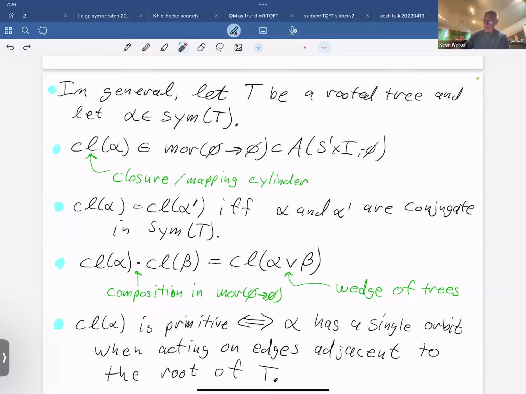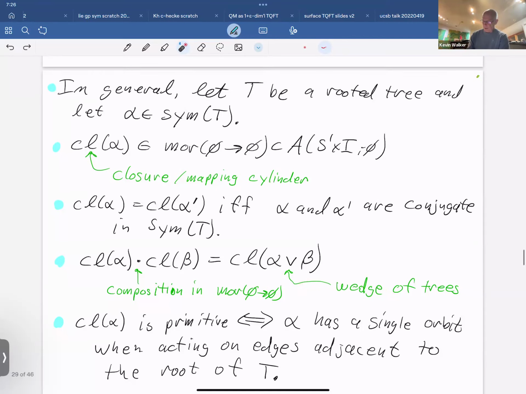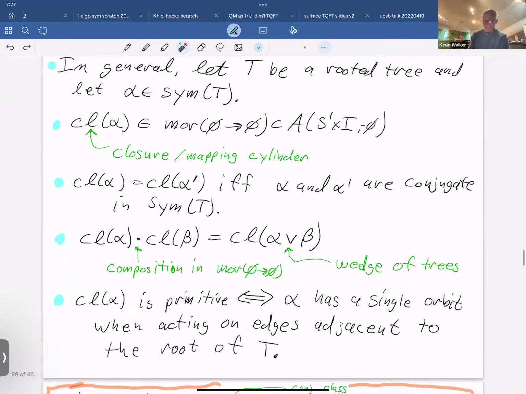We can multiply these things together on trees. It corresponds to joining the root vertex together. Topologically, we just juxtapose them. And the primitive elements under this multiplication: it's primitive if and only if alpha has a single orbit near the root of the tree.